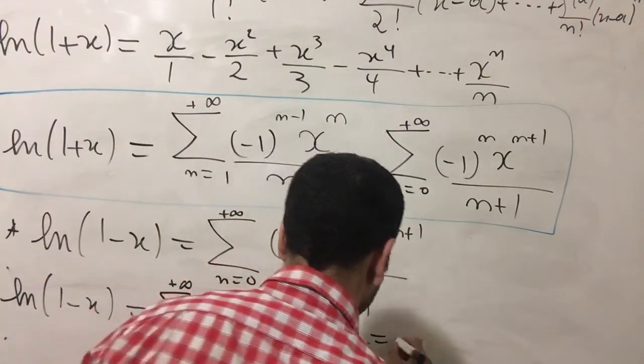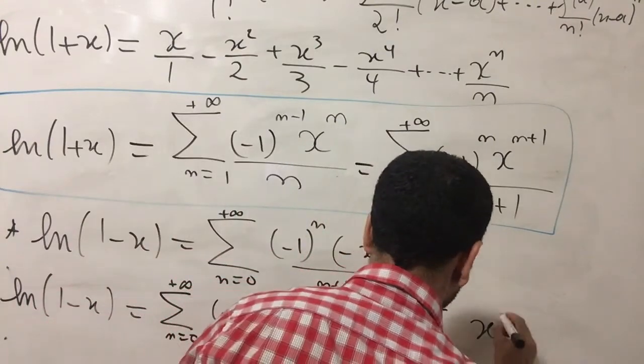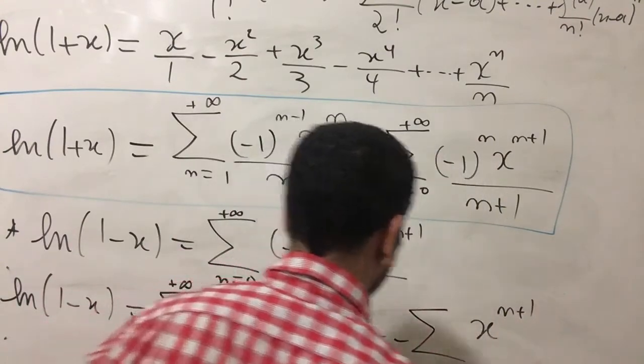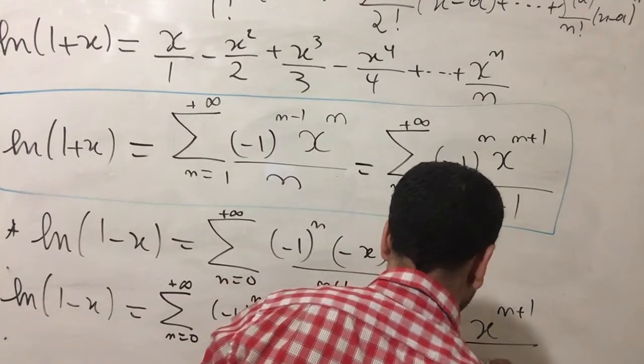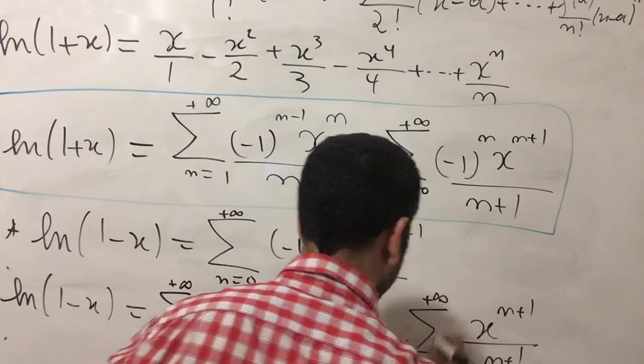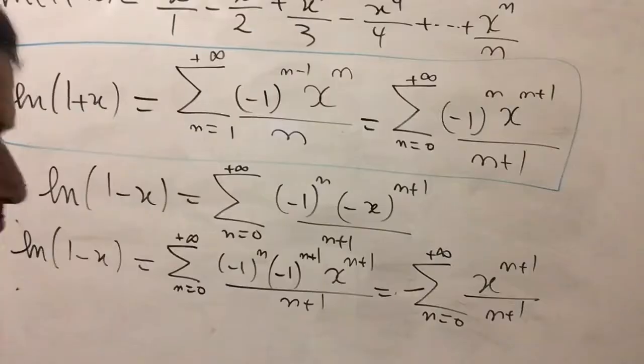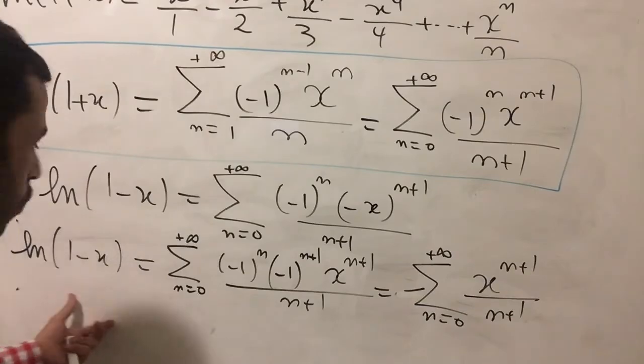So this equals minus the sum of x to the n plus 1 over n plus 1 as n goes from 0 to plus infinity, with the minus sign outside. So this is the value of natural log of 1 minus x.